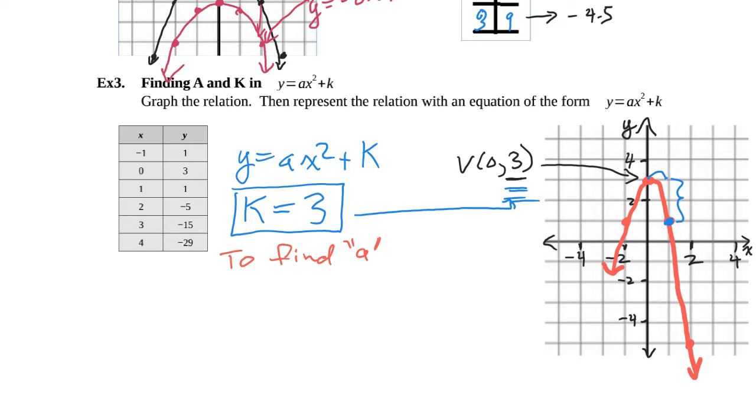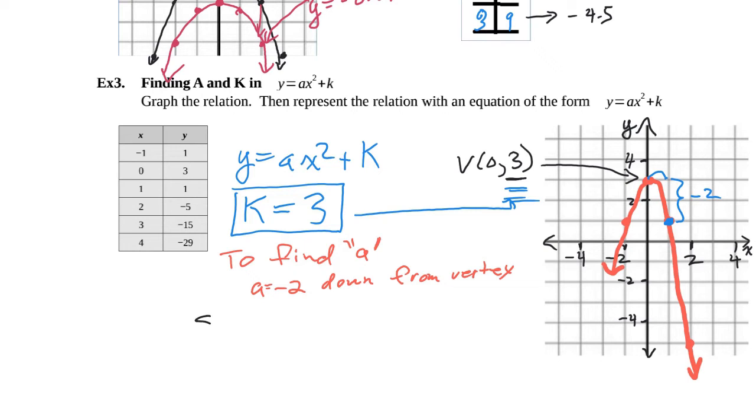In this case, it's minus 2 from the vertex. So that means, in this case, a is minus 2 down from the vertex. So a is equal to minus 2.